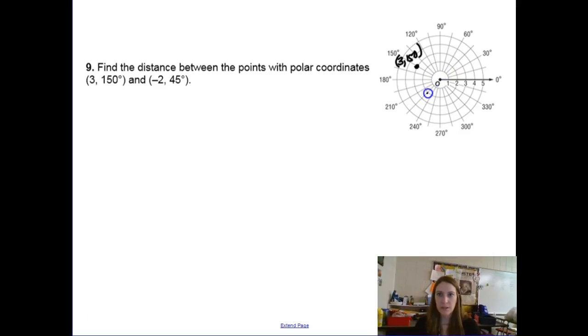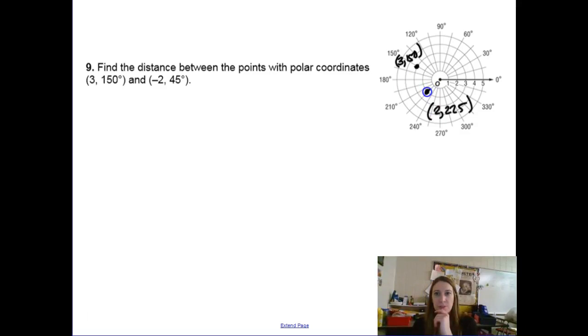So right there. So this point here is the ordered pair -2, 45, but I think it would make more sense for us to call this without the -r. Let's see, that would be 225. 2. So 2, 225. There we go.